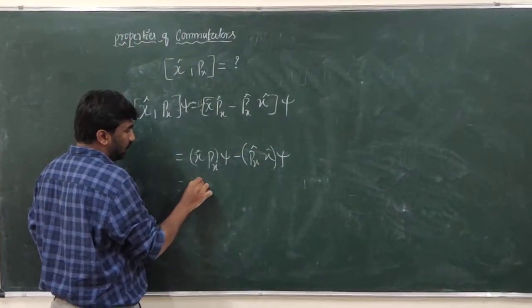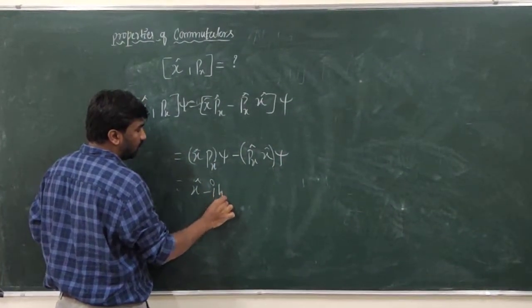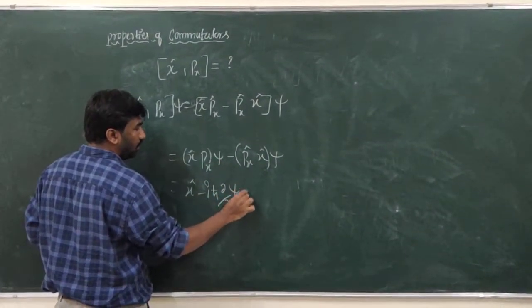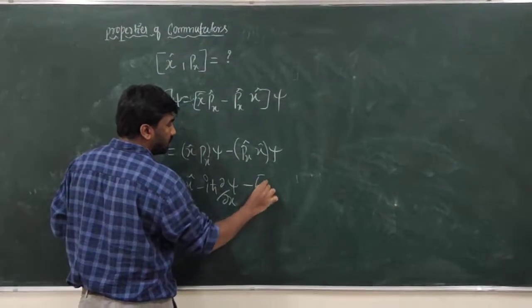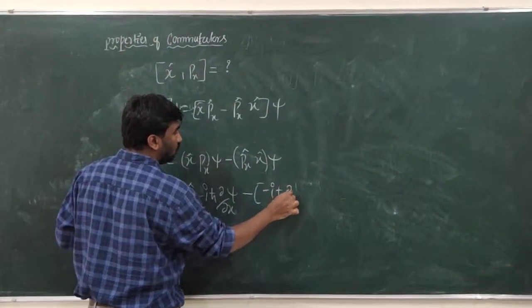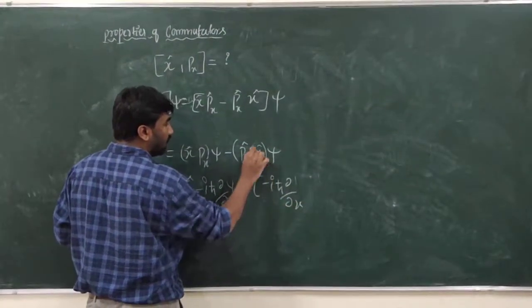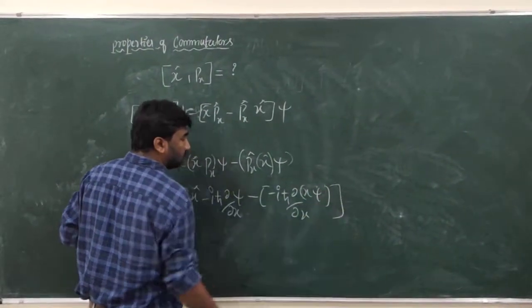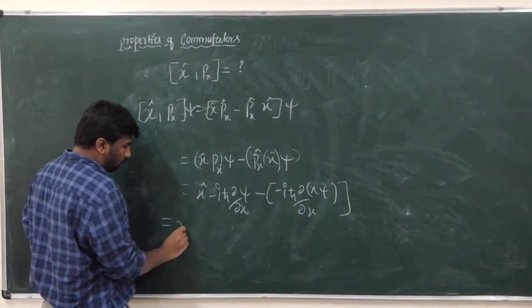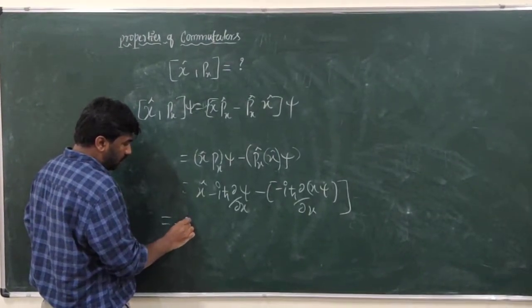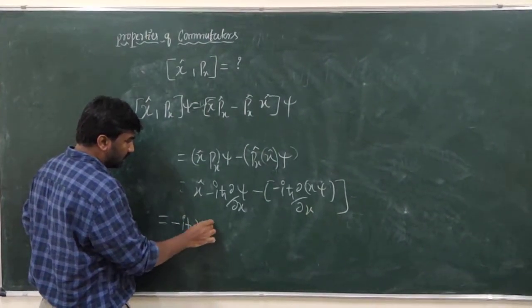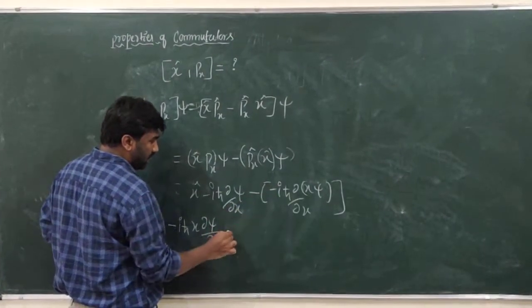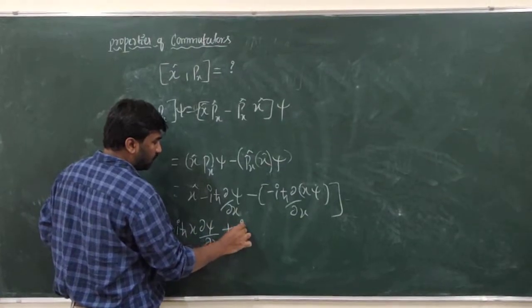But we know that px means minus i h-bar d/dx. So it is minus i h-bar x dψ/dx minus, minus i h-bar d/dx of (x psi).